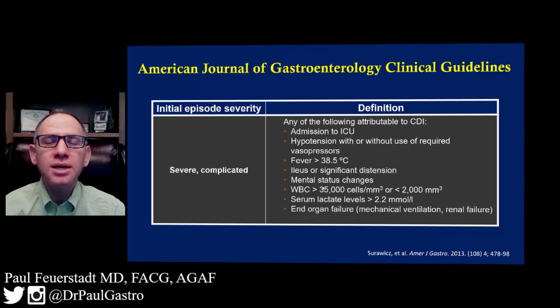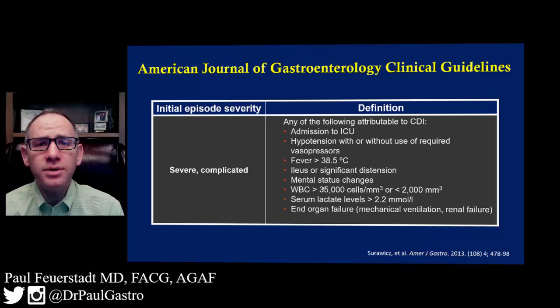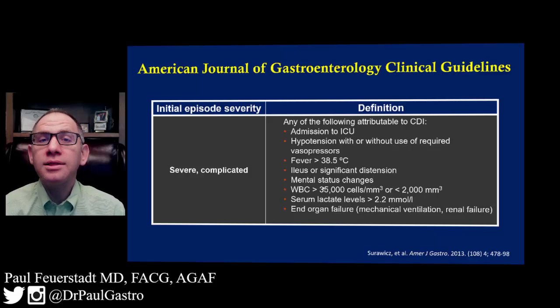They also used a fever or a temperature greater than 38.5 Celsius, as well as ileus, where the bowel goes to sleep, or megacolon, where the large bowel dilates, as well as something called a lactate. A lactate is a blood value that increases when organs don't receive a sufficient supply of oxygen. And that happens when we are very, very sick. So with all of these factors, patients can be classified as having severe, complicated disease.